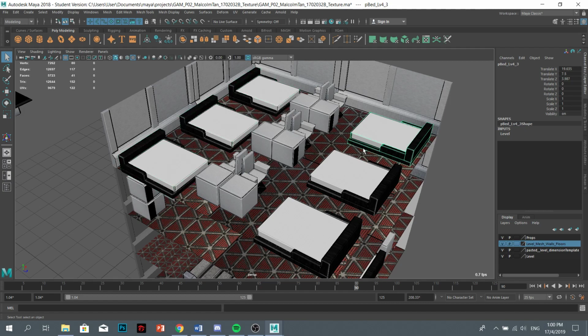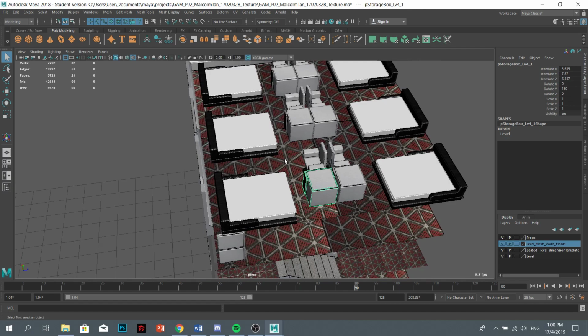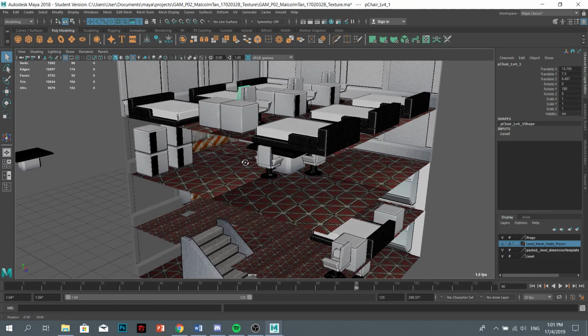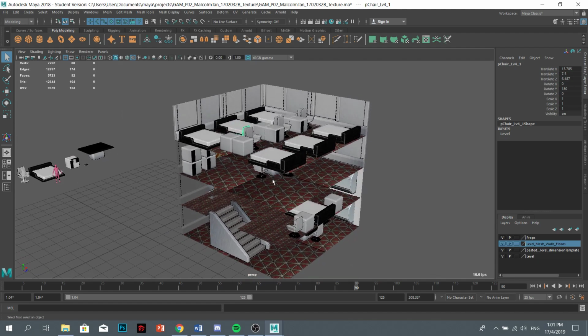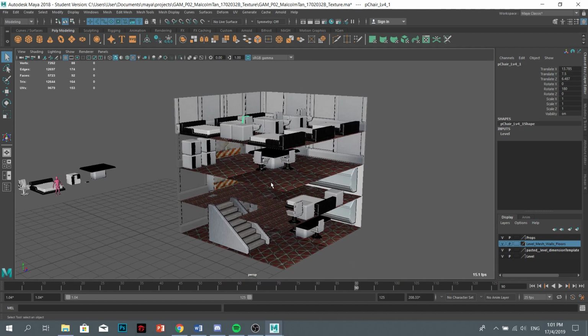There are 6 beds here, 3 on each side, 2 boxes for the soldier sleeping in a bed, and chairs for each of them. It was meant to be like a sci-fi soldier bunk room on a spaceship or something.